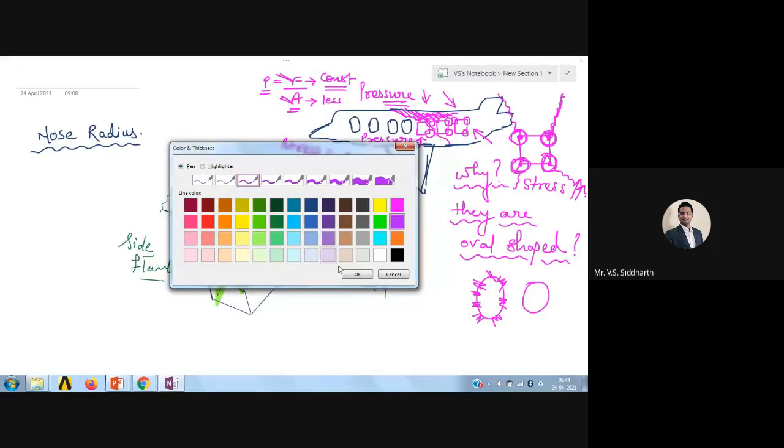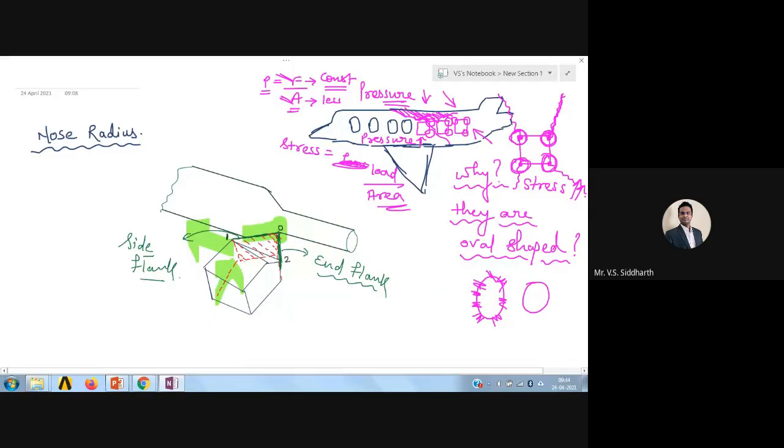Now, what is this color? Maroon color surface is which surface? Rake face. This is rake face. Very good.